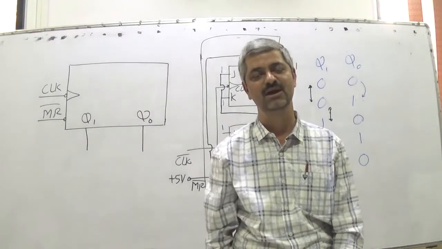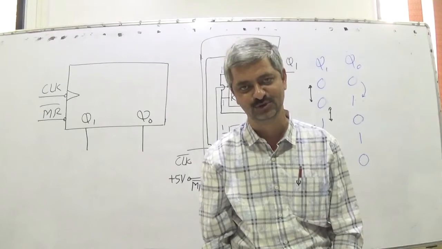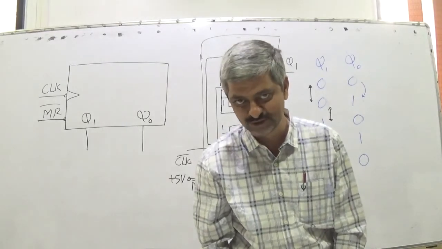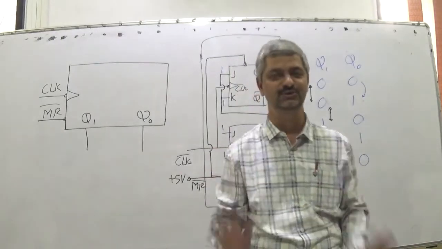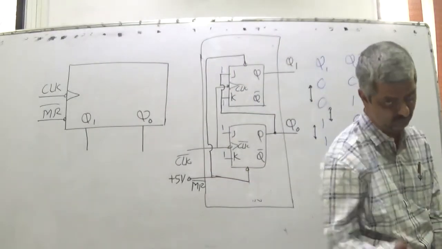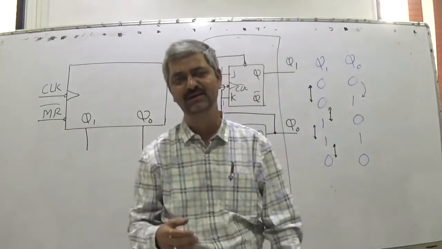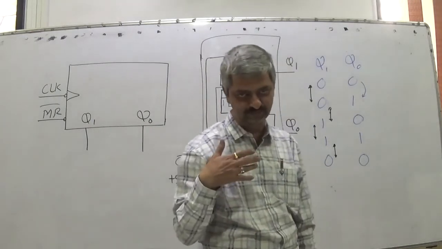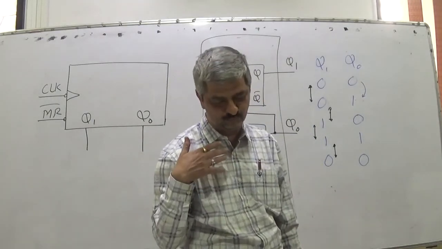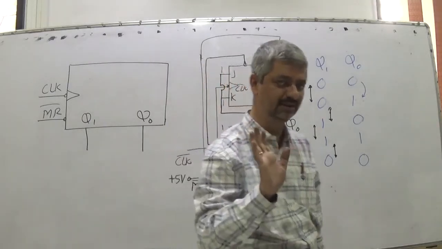But suppose I want a counter to count only up to 5 and then return to 0: 000, 001, 010, 011, 100, 101, and then it should come to 000. So we can go for a mod 6 counter. I think in the next lecture we will be able to finish the counter and also shift register. As we are moving with more details we are somewhat slow, but I am sure that we will be able to cover everything in time. Thank you.